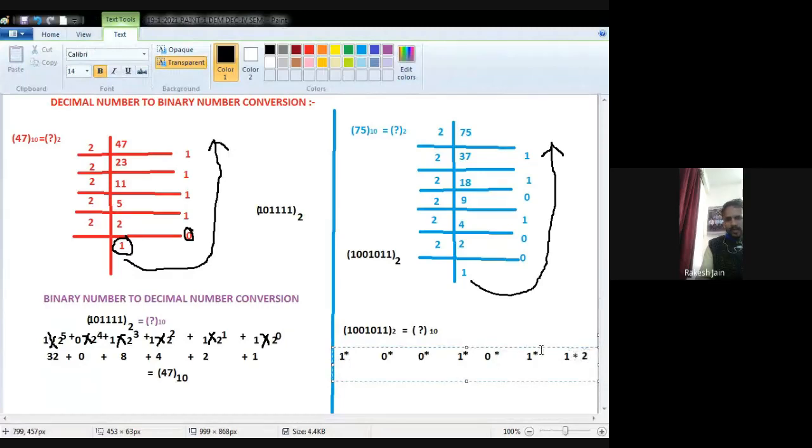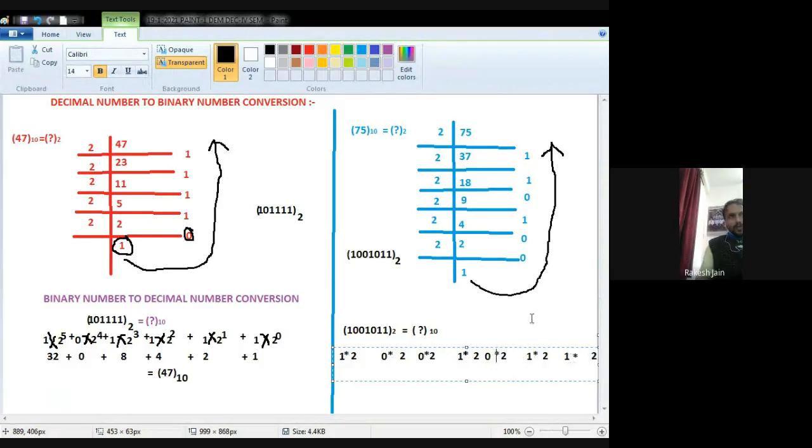First of all, I just type 2, then we will write down the power. Okay. So 1 multiplied by 2, 0 multiplied by 2, 0 multiplied by 2, 1 multiplied by 2, 0 multiplied by 2, 1 multiplied by 2, and 1 multiplied by 2.